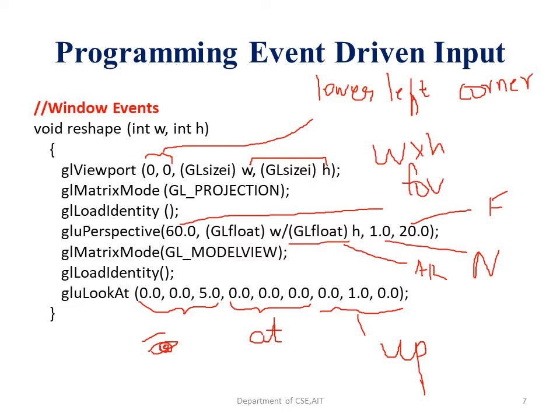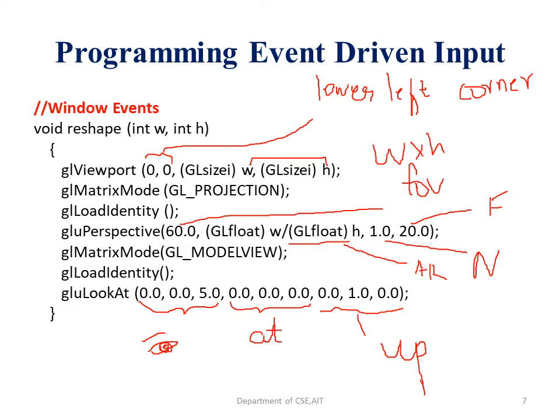So gluLookAt is an API in which you have 3 sets of XYZ values. The first set of XYZ corresponds to the eye's position, that means where your eye is located in the viewing perspective, given in terms of X, Y and Z.